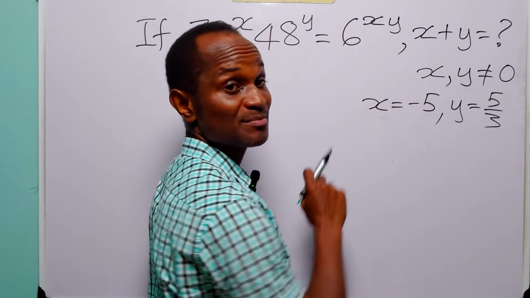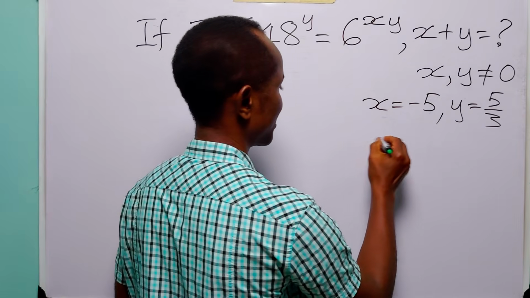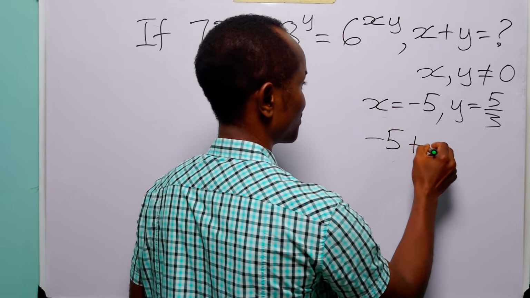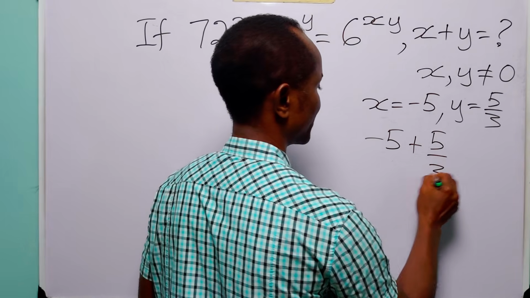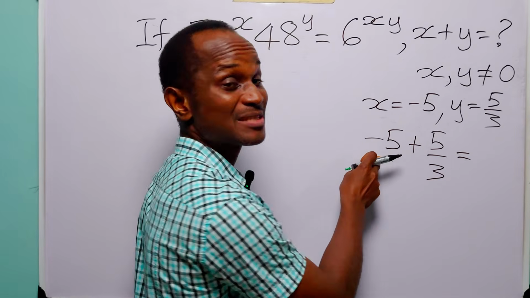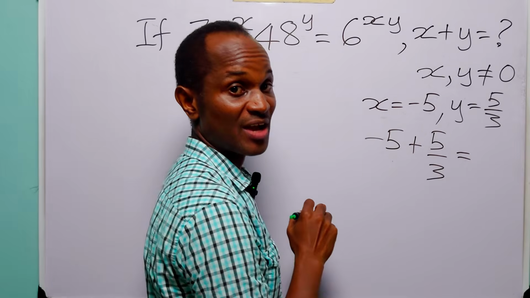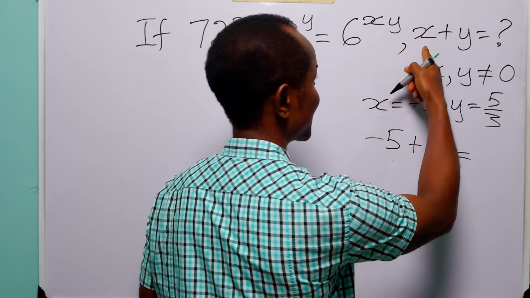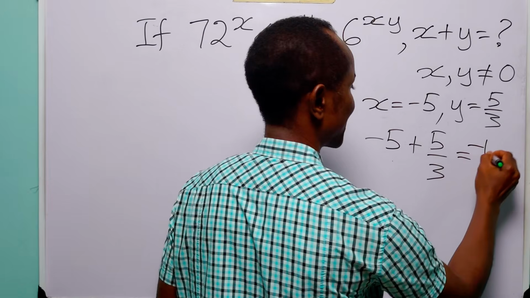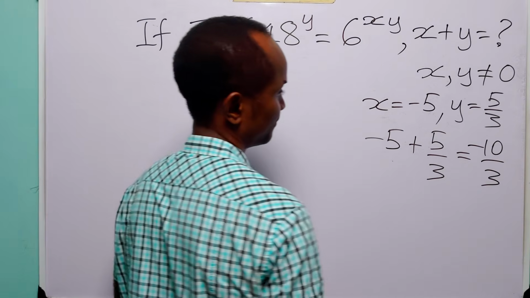And to evaluate x plus y, we simply add. So we have minus 5 plus 5 over 3. 3 times minus 5 is minus 15. Minus 15 plus 5 is minus 10. So we have that x plus y is equal to minus 10 over 3.